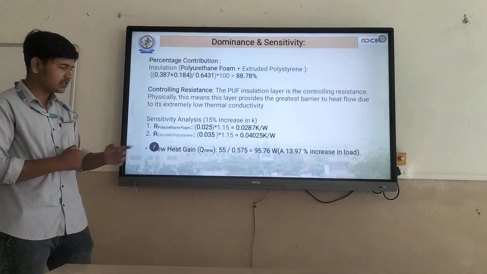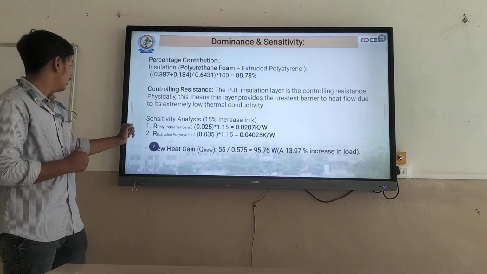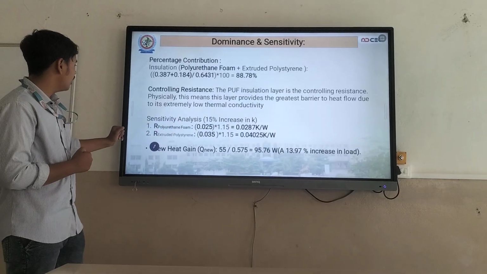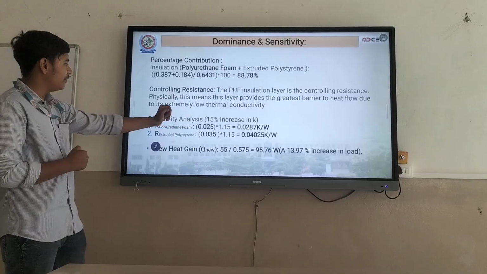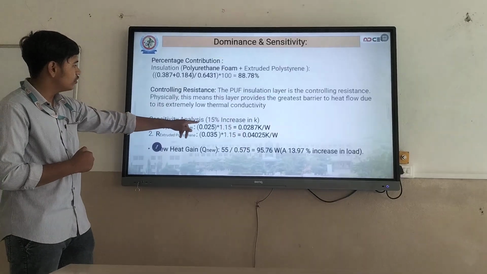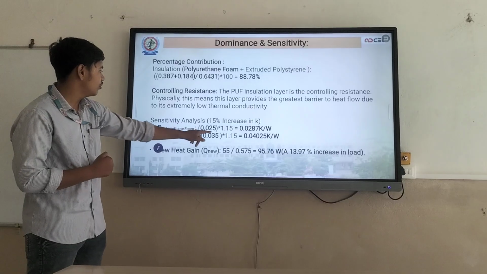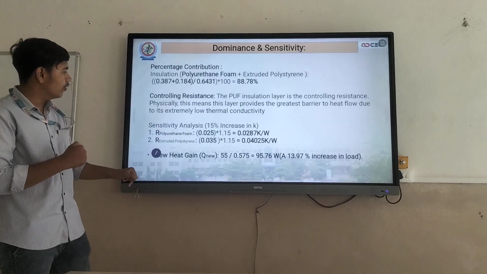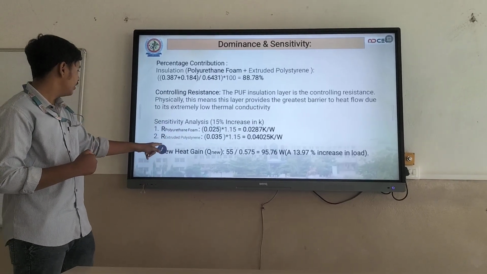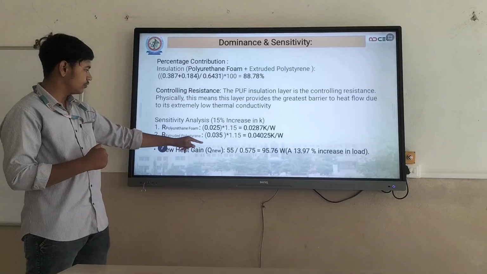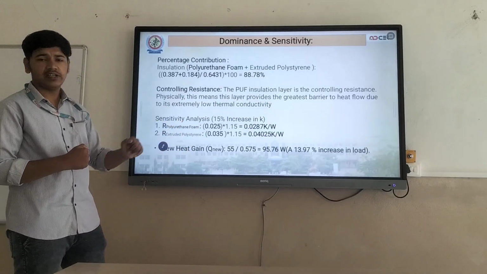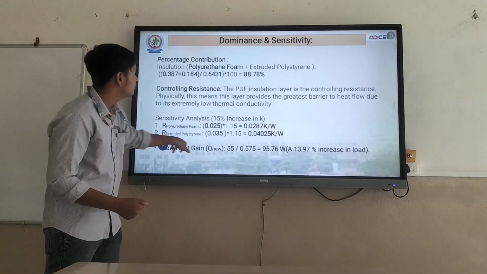Sensitivity analysis: a 50% increase in conductivity. So polyurethane foam will have 0.028 and extruded will have 0.04025. So the new heat gain Q new is equal to 13.97, an increase in load.